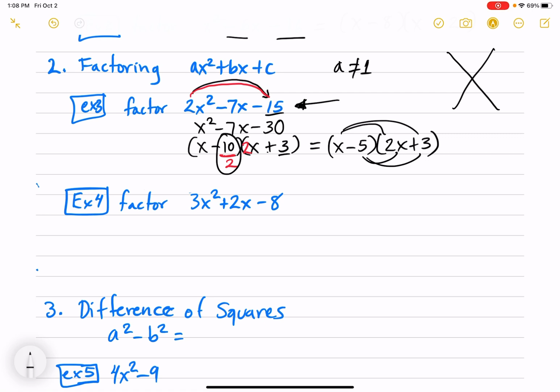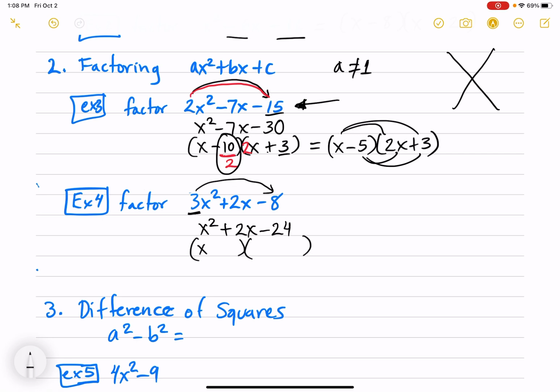Okay, example number 2 for this type of factoring is this one right here. So remember, when the leading coefficient is not 1, you multiply the first and the last number. Now we need to think about two numbers that multiply to negative 24 and add up to 2.